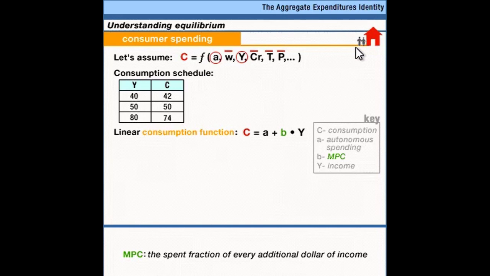And let's suppose further that the marginal propensity to consume is equal to 8/10. That is, out of each additional dollar that the consumer earns, the consumer is going to spend 80 cents on consumption. So here's the consumption function. Real consumer spending is equal to 10 plus 8/10 times real income.